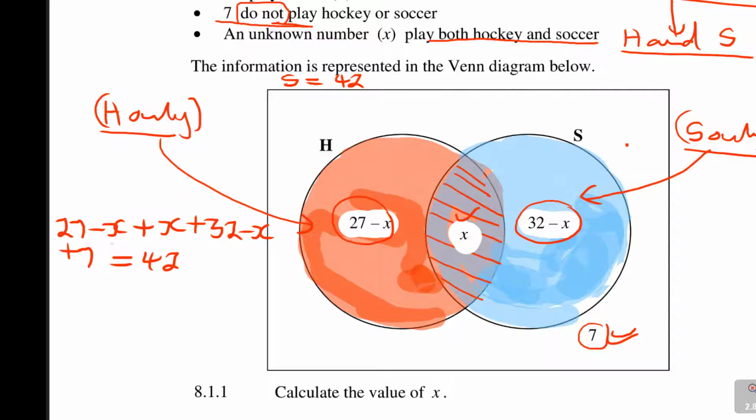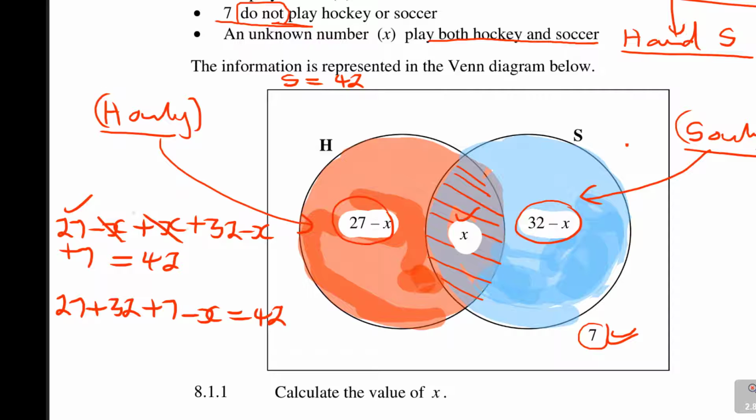So now if you look at the first part of the X, minus X plus X, usually it cancels that. So what you'll be left with is 27 plus 32 and then plus 7, if I'm collecting like terms, minus X is equal to 42. Just check.